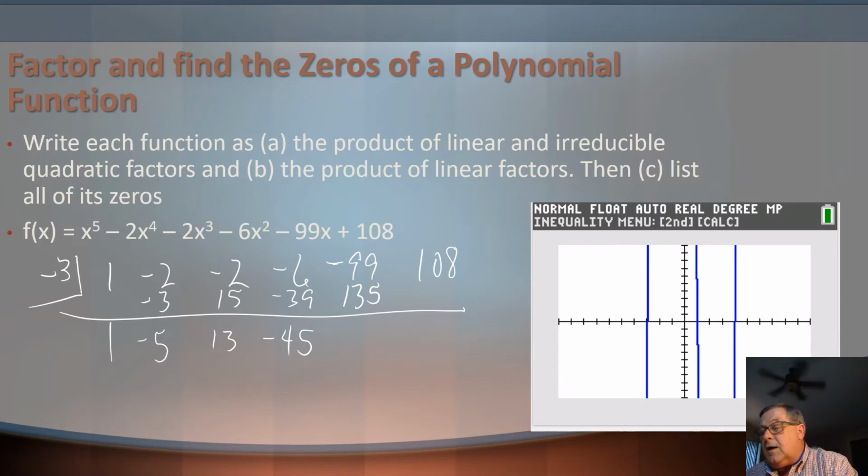So I got -99 plus 135. And so that's going to be 36.